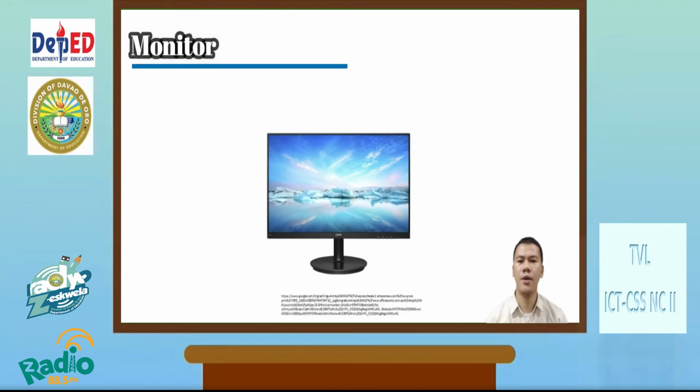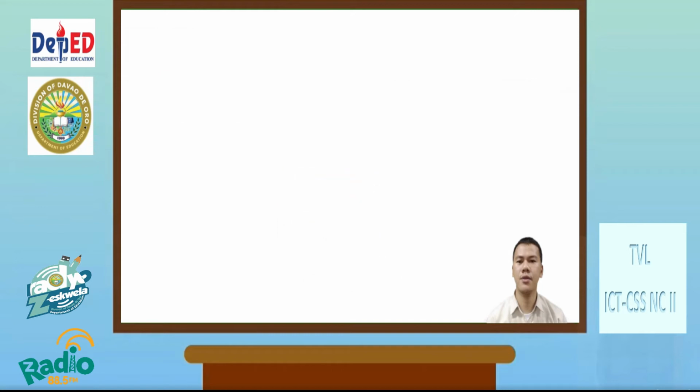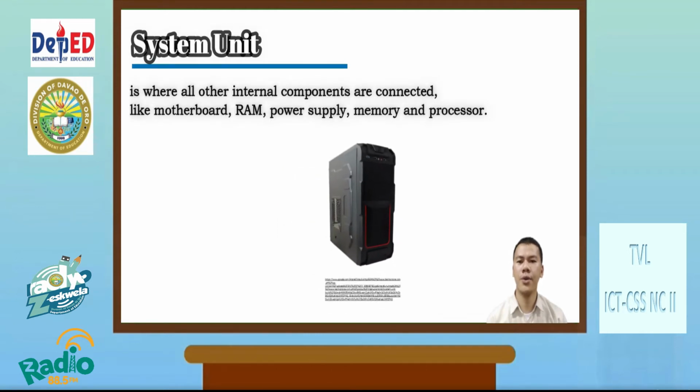A monitor, LCD or LED, displays data into a screen so the user can interact with the information via digital interface. System unit is where all other internal components are connected, like the motherboard, RAM, power supply, memory, and processor.